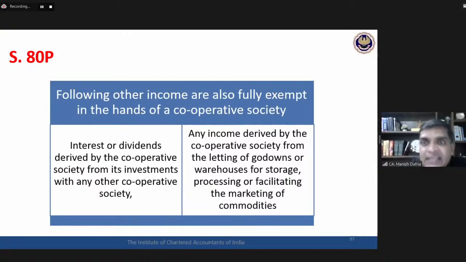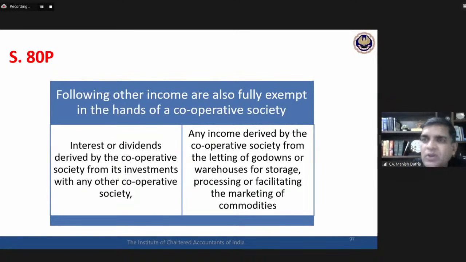The second income is any income derived by a cooperative society from letting of godowns or warehouses. Now, this cooperative society has built certain godowns, certain warehouses for the storage, processing, or facilitating the marketing of commodities. So any income derived from this particular type of activity is also fully exempt.